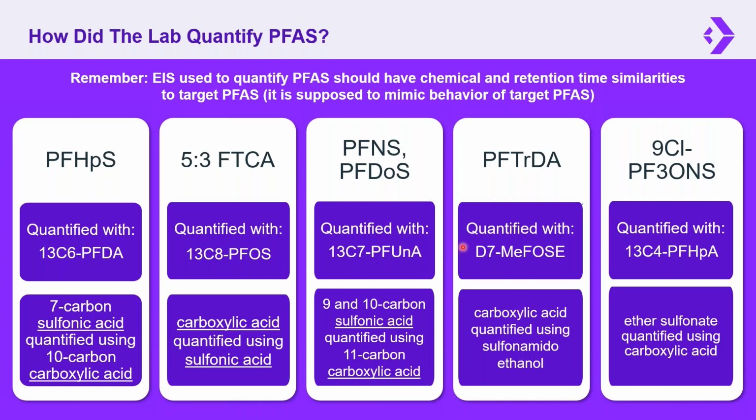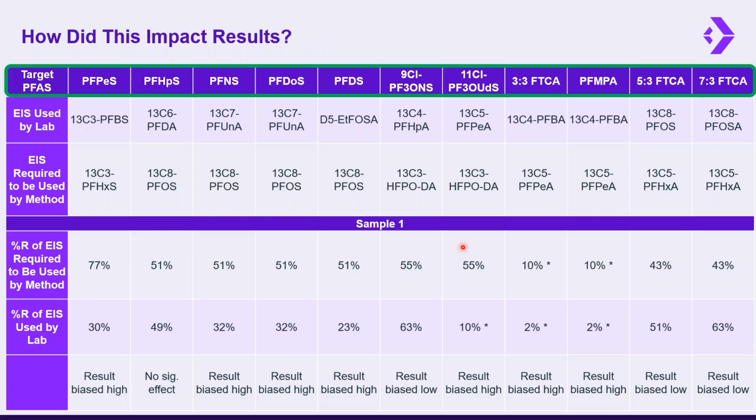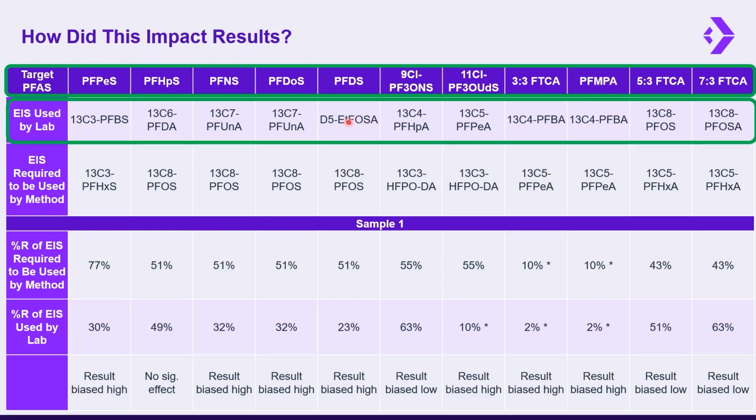So let's look a little bit deeper at how this actually impacted the results. You can see the target PFAS across the top row here. The next row shows the carbon-labeled isotope, or extracted internal standard, that was used by the lab to quantify that PFAS. And this row shows the carbon-labeled isotope that was required to be used to quantify the PFAS per EPA method 1633.